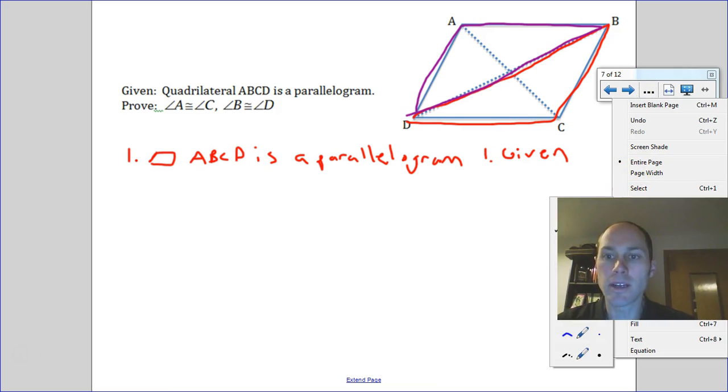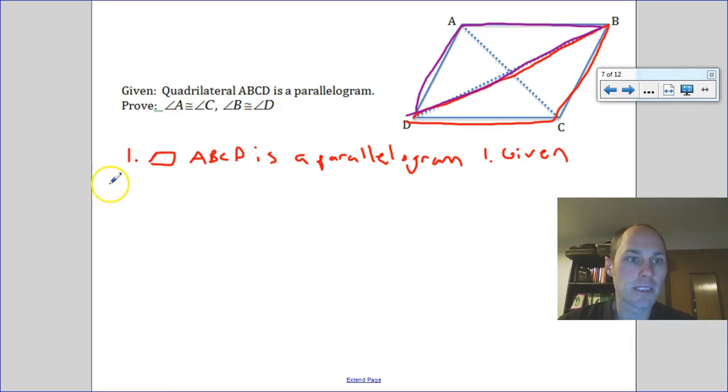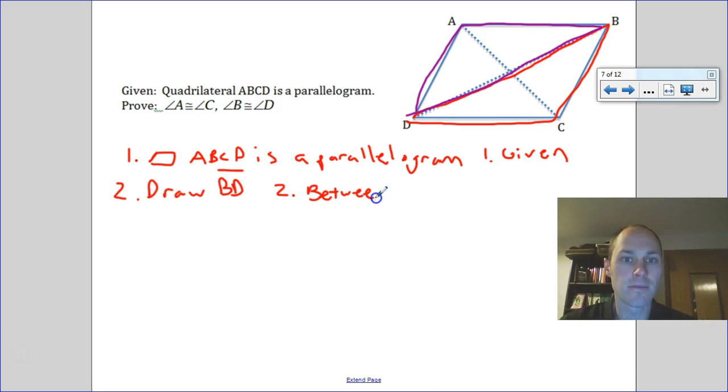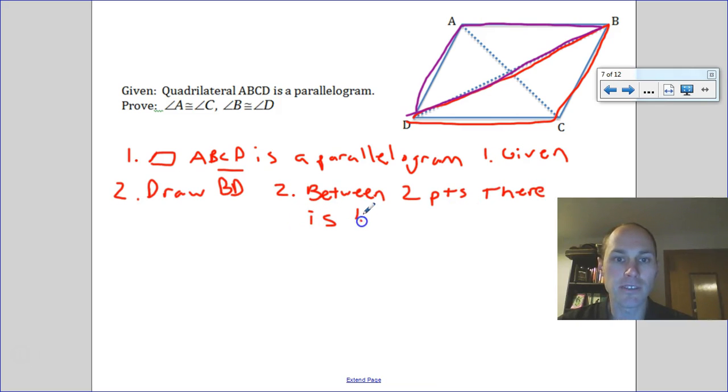So I'm going to create 2 triangles by drawing BD, because between 2 points there is one line. There's always a line between 2 points. So I can just draw that line in. So line BD gives me that diagonal, and it splits this figure into 2 triangles.